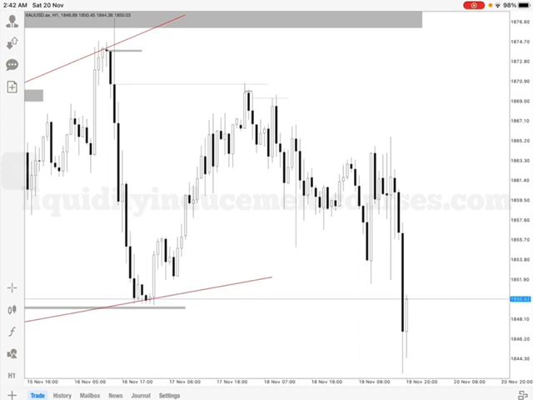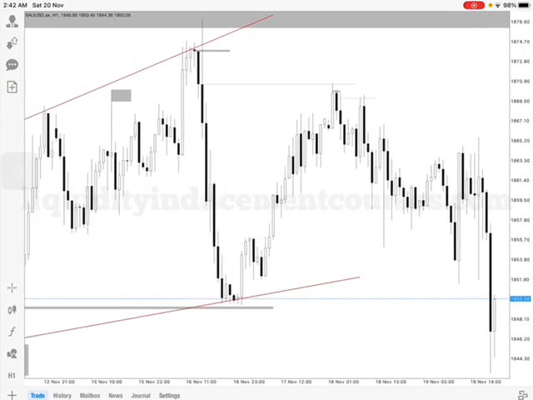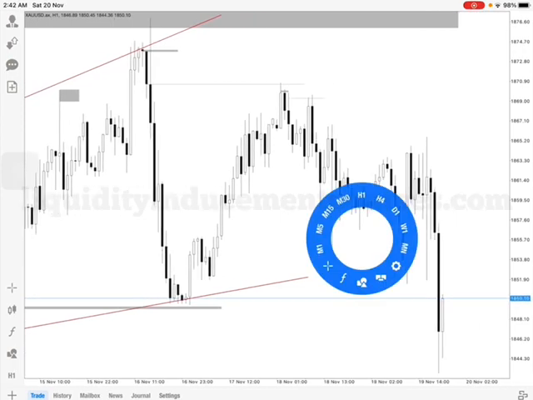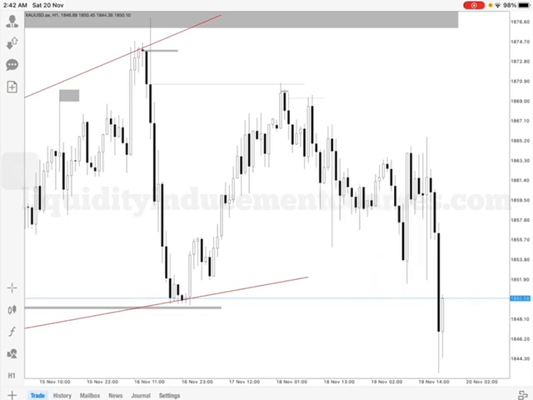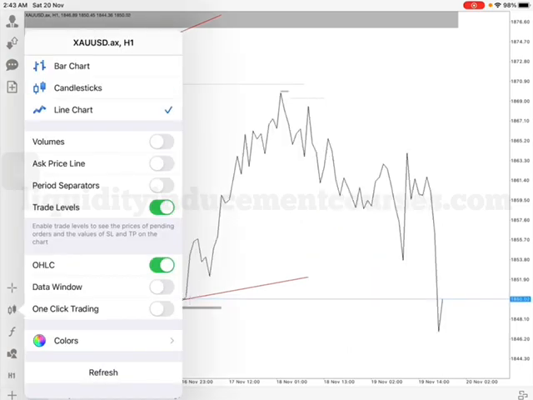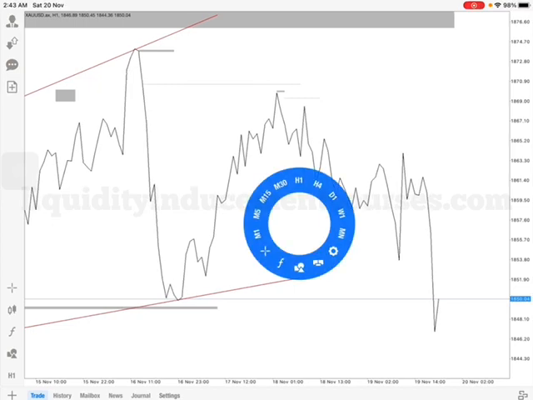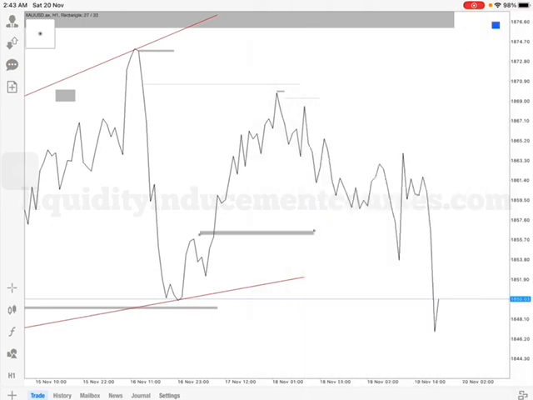So we could have caught this one too. This one here. See how it broke structure, right? We have here one safe TP first for sell.